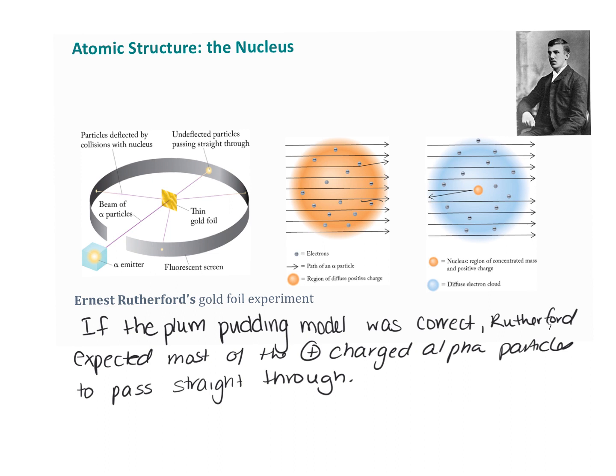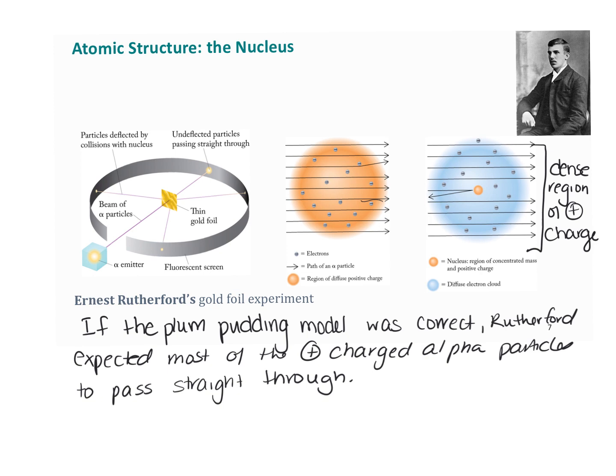And so what he proposed is that there was a dense region of positive charge, right? And that's why his alpha particles, which were positively charged, would come in, hit it, and bounce back. And that's called the nucleus.